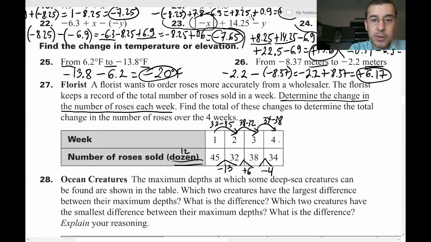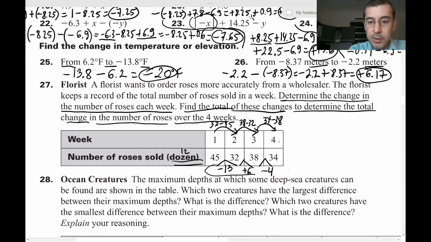Now, the next question is, find the total of these changes to determine the total change in the number of roses over the 4 weeks. So we have to add up these numbers here, basically. So it's minus 13 plus 6 and minus 4. So minus 13 and minus 4, it's minus 17, and then plus 6, or this is minus 11.